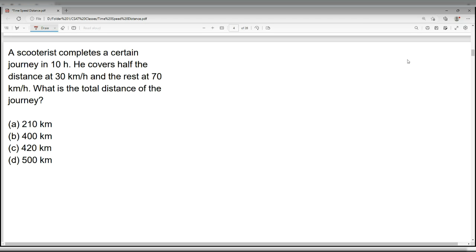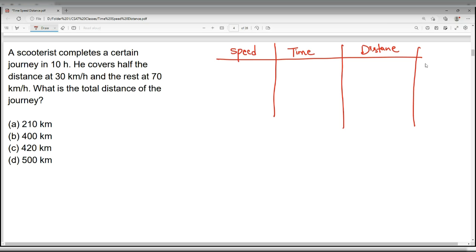So what we do in this chart is, one column is speed, the other column is time, and the third column is distance. This is how we divide it.